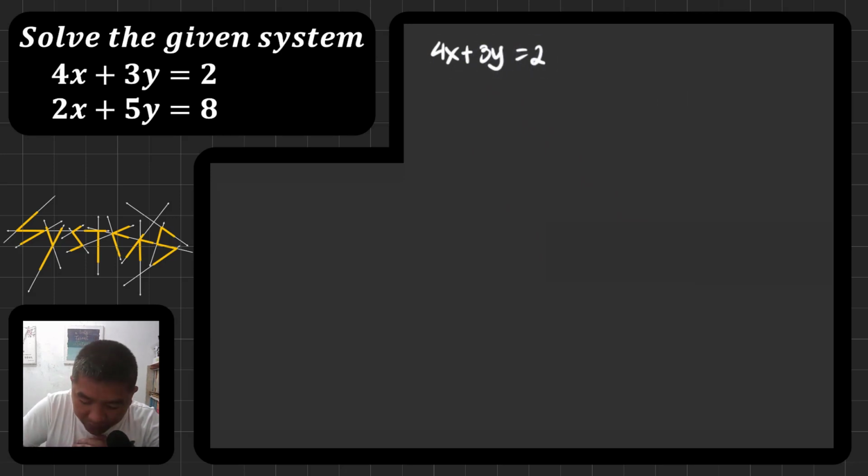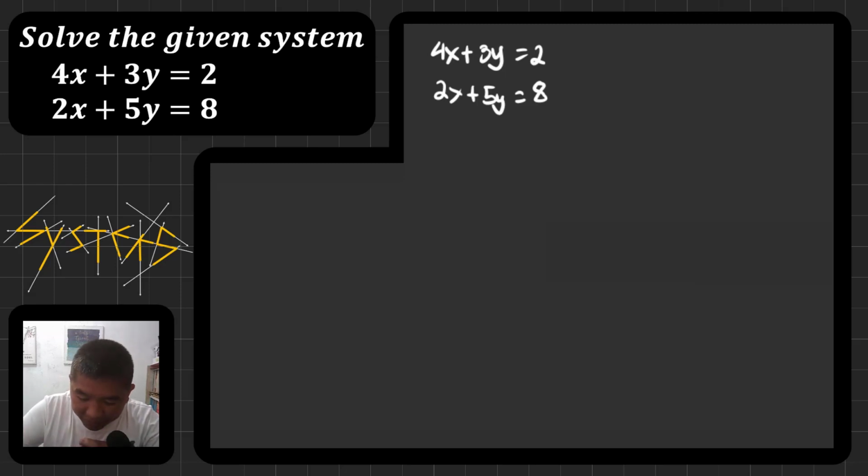Our second equation is 2x plus 5y equals 8. By the elimination method, again, we are going to eliminate a certain variable, but we are going to apply a certain constant through multiplication in a certain equation, solve that later, and we can eliminate it. Because when you say elimination method, we are going to add the two equations, making sure that one of the variables is really going to be eliminated.